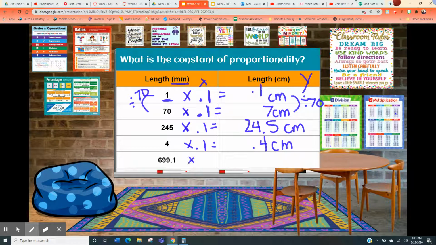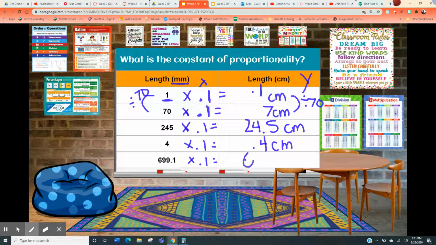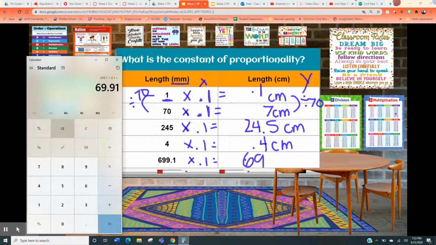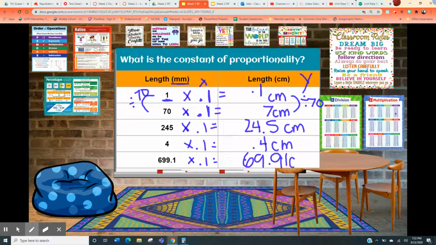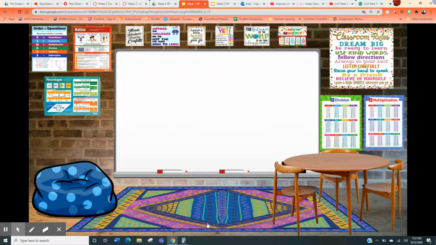And then the same thing for my last one. 699.1 times 0.1 equals 69.91 centimeters. Very nice job.